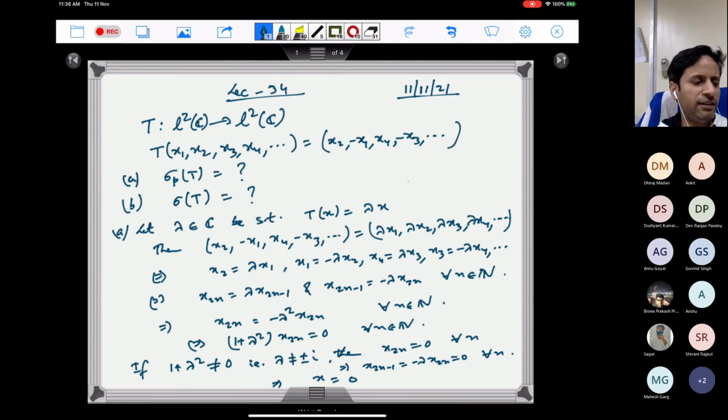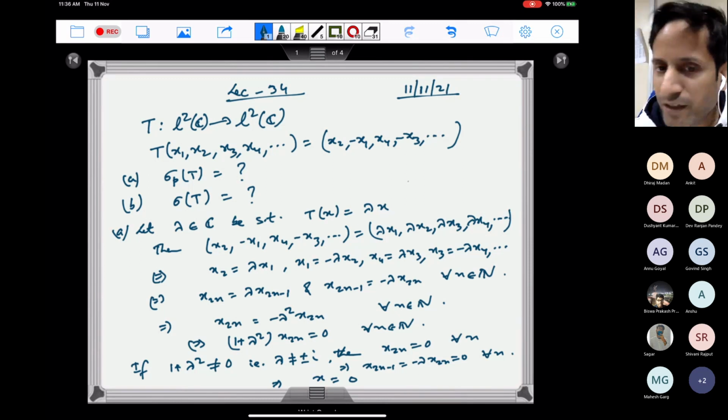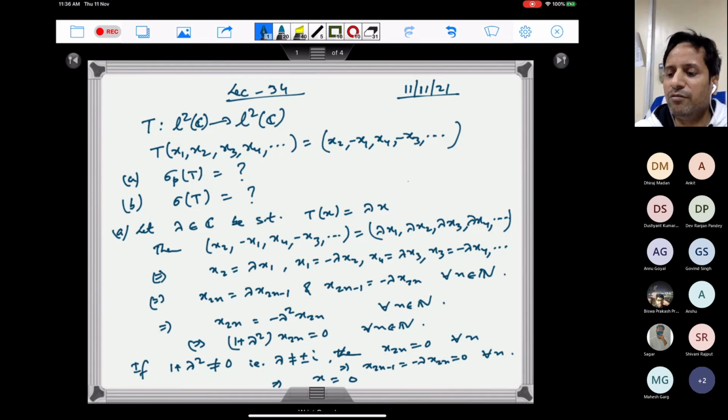If you know those results, then what we know is that for a self-adjoint operator, the spectrum is a subset of the real numbers.